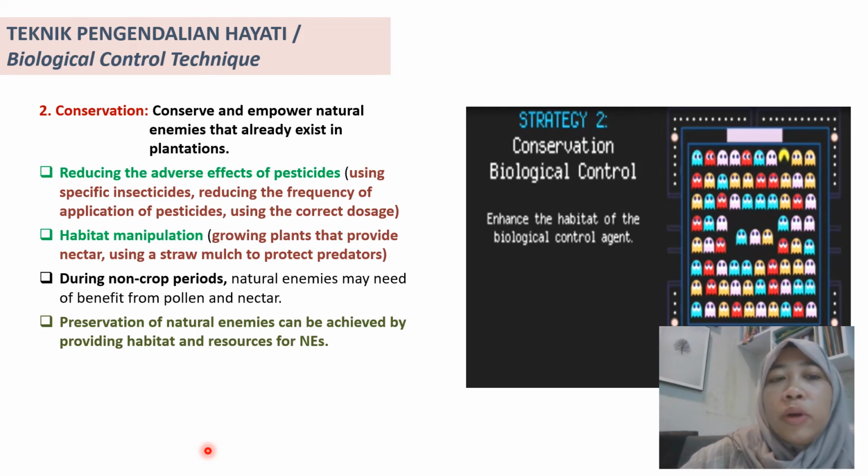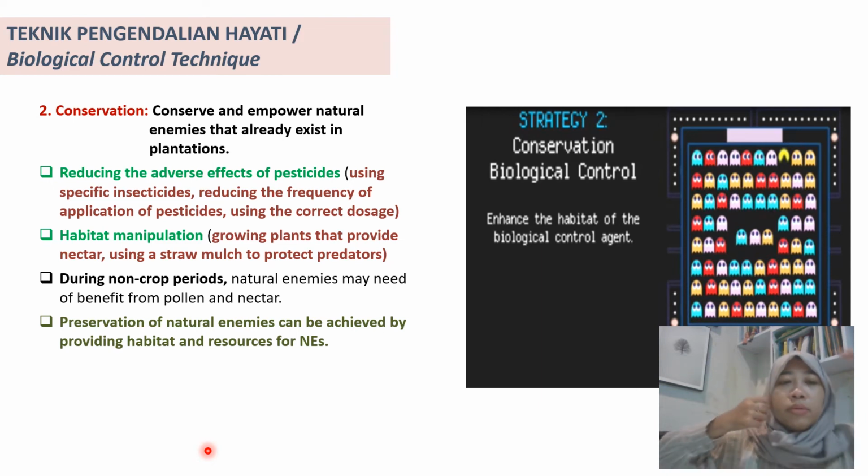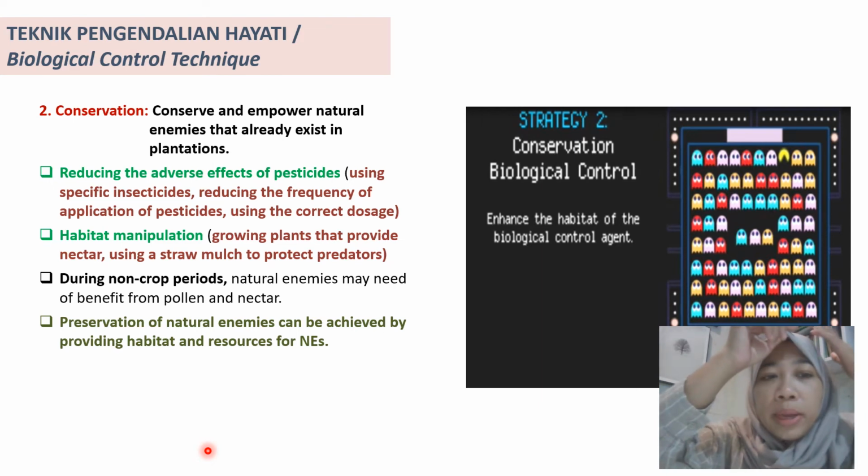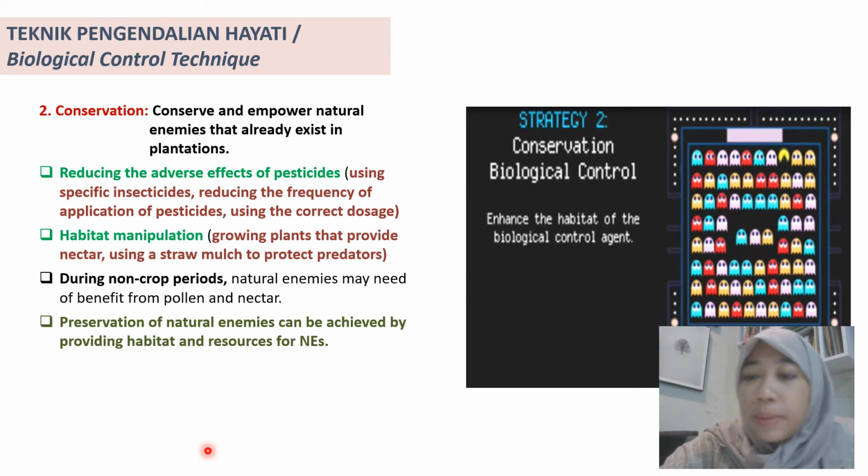We monitor the frequency of pesticide use, use the correct dosage and concentration, and manage how we use synthetic pesticide. This is how we can reduce the adverse effect of pesticide.